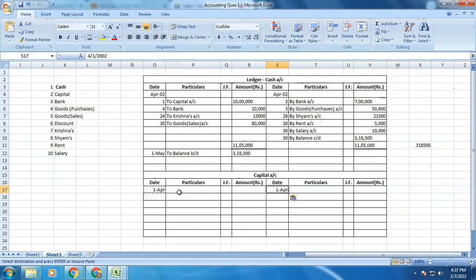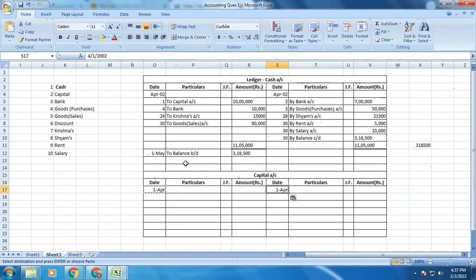On both sides I've written. Now the journal entry is cash account debited to capital. अब हम बना रहे हैं कैपिटल का लेजर अकाउंट. सो इस ट्रांजैक्शन में कैपिटल डेबिट हो रहा है या क्रेडिट? क्रेडिट. कैश अकाउंट डेबिट हो रहा है और कैपिटल अकाउंट क्रेडिट हो रहा है.